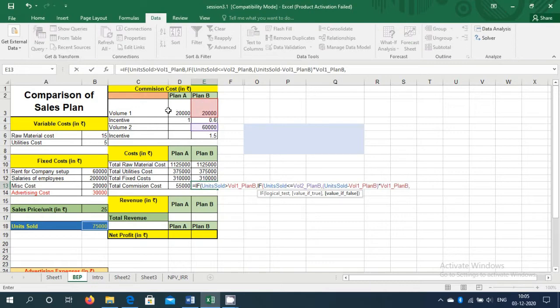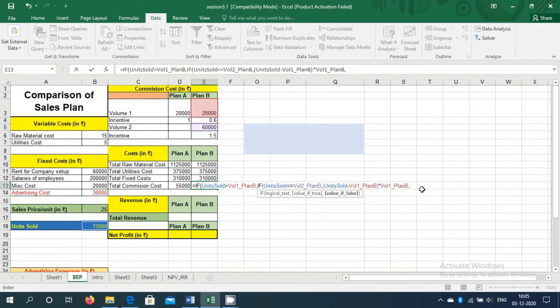Then for the outside one, when units sold is more than volume 2 plan B, that is more than 60,000, and 75,000 is in our case, the outer first if clause would be applicable.